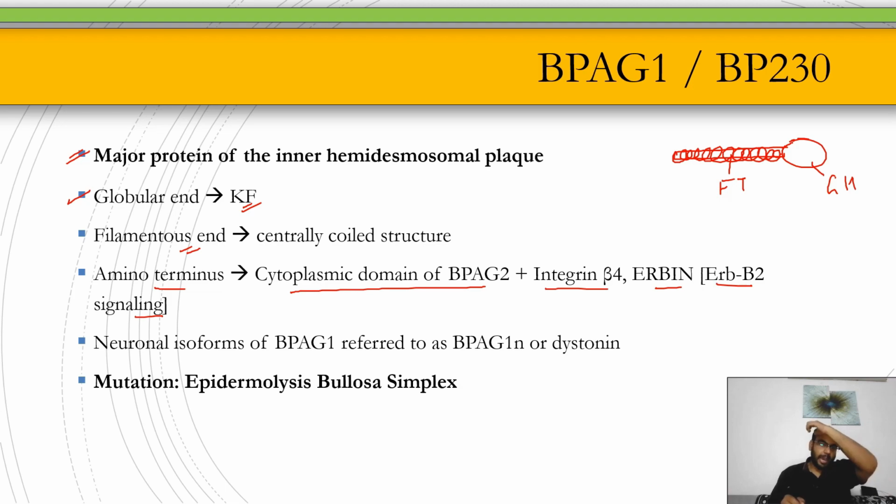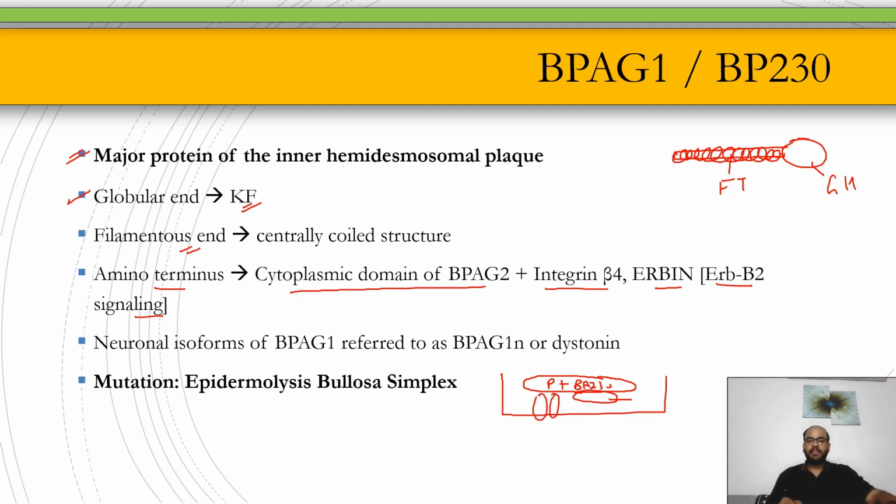So what essentially happens is you have a cell, and at the basal level you have the inner hemidesmosomal plaque that has plectin and BP230. This will attach to BP180, which is the bullous pemphigoid antigen 2, and integrins.